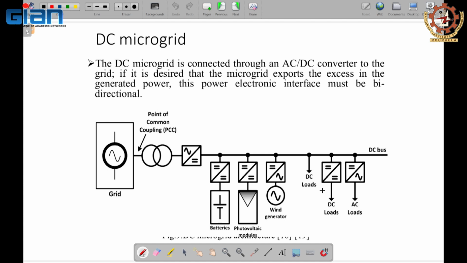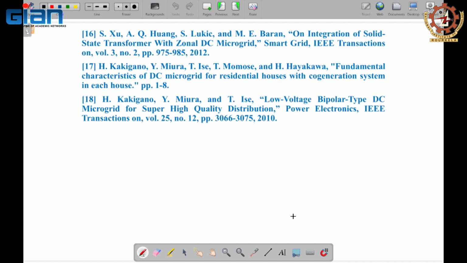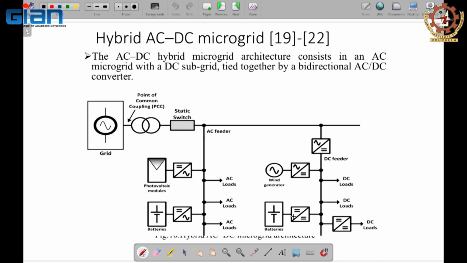Then talking about the third option, we can have a combined one, what we call the hybrid AC DC microgrid.